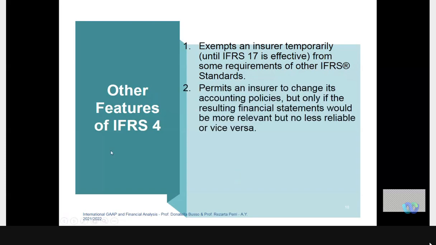Another thing is that IFRS 4 permits an insurance company to change its accounting policies, but only if the resulting financial statements would be more relevant but no less reliable. Now, this may look like a complicated sentence.